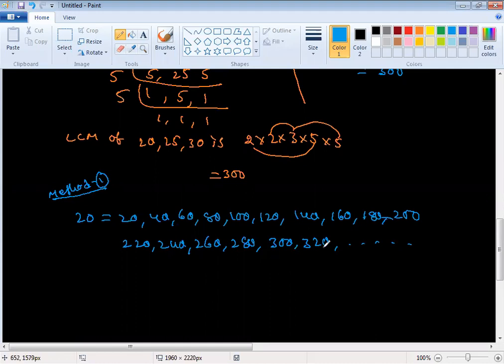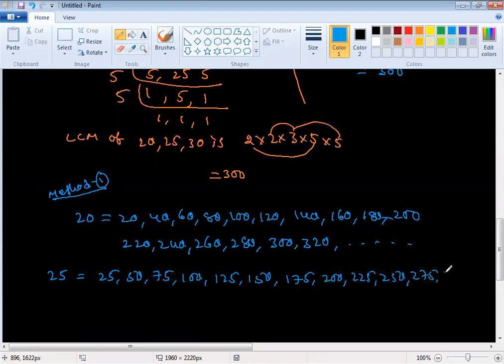Why did I write up to 320? Already we know the LCM is 300. That's why. And after 20, 25: 25, 50, 75, 100, 125, 150, 175, 200, 225, 250, 275, 300, and so on.